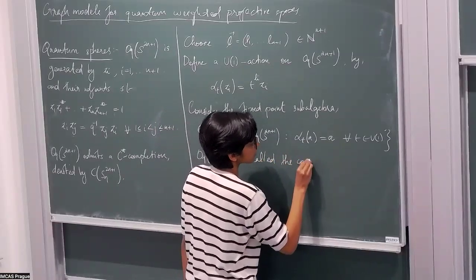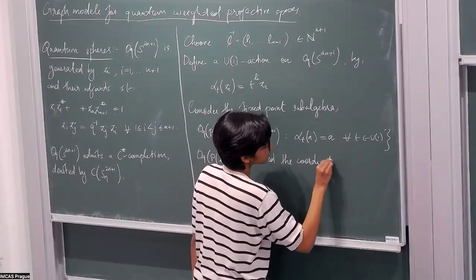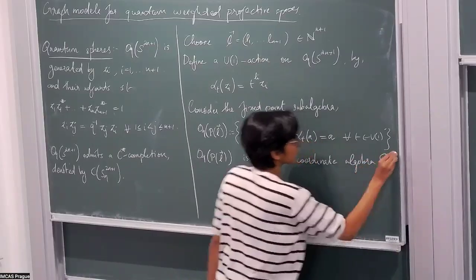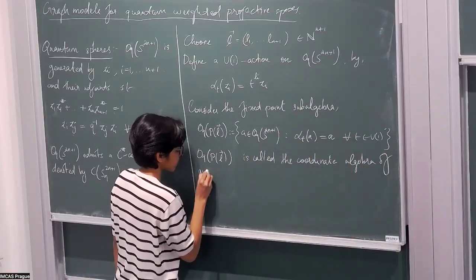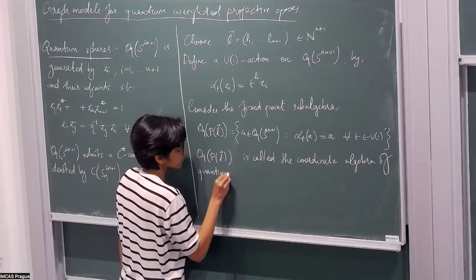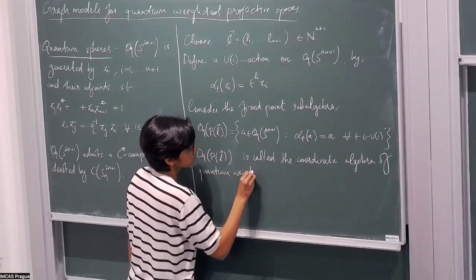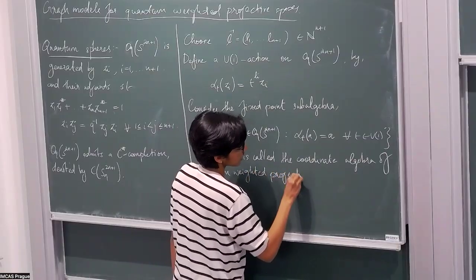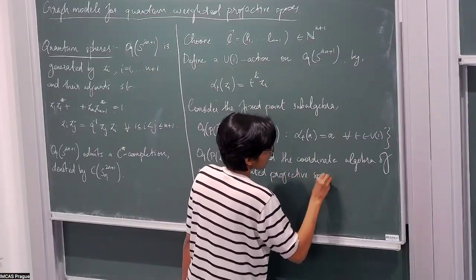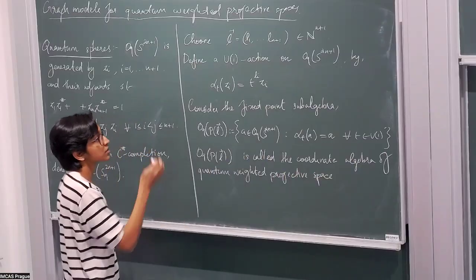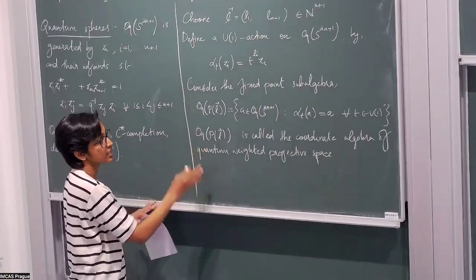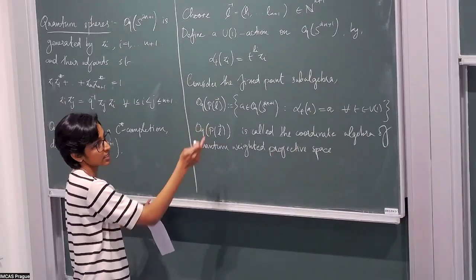So O_q of this fixed point subalgebra is called the coordinate algebra of quantum weighted projective space. And now we are inside the quantum sphere. This is the subalgebra of the quantum sphere. And so we can take the completion of this inside the sphere.